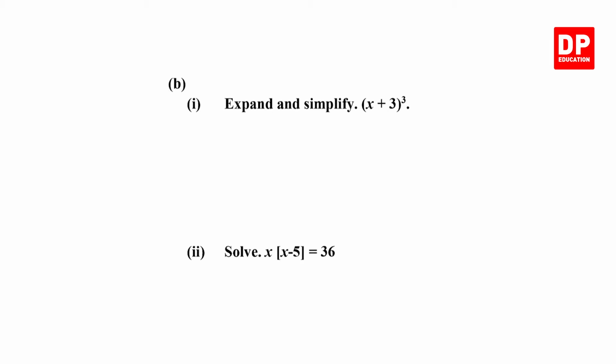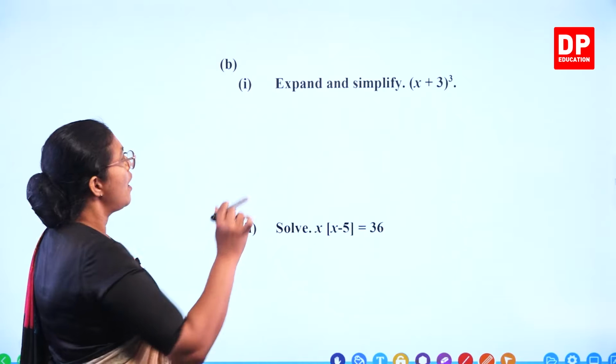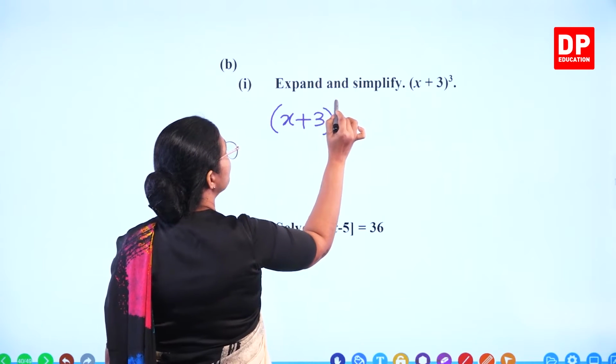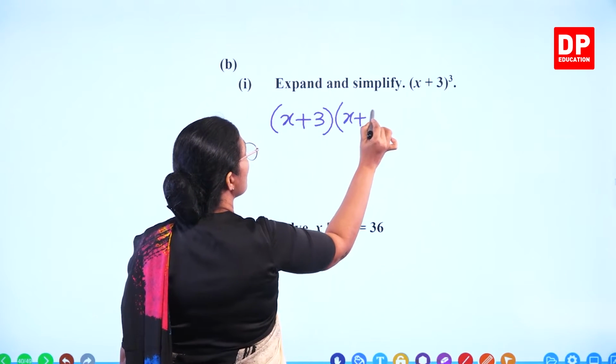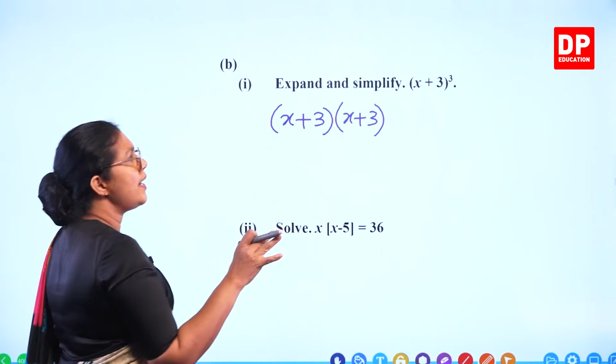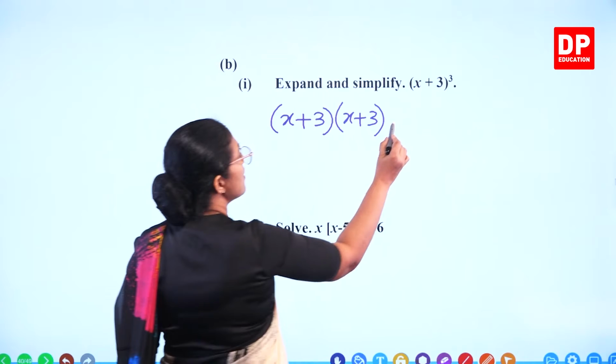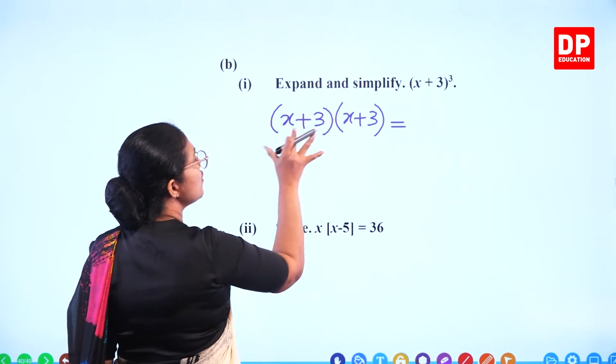Part B, expand and simplify. Here you get power 3. How do you do that? You can consider power 2 first and multiply the same term with this answer. So what is power 2? The same thing twice.